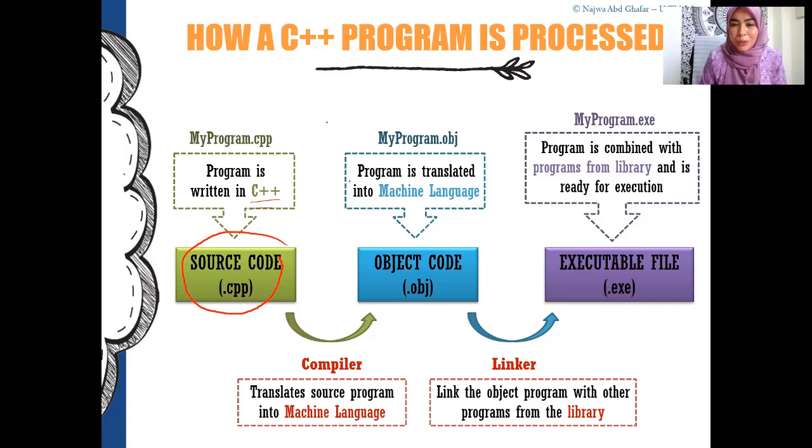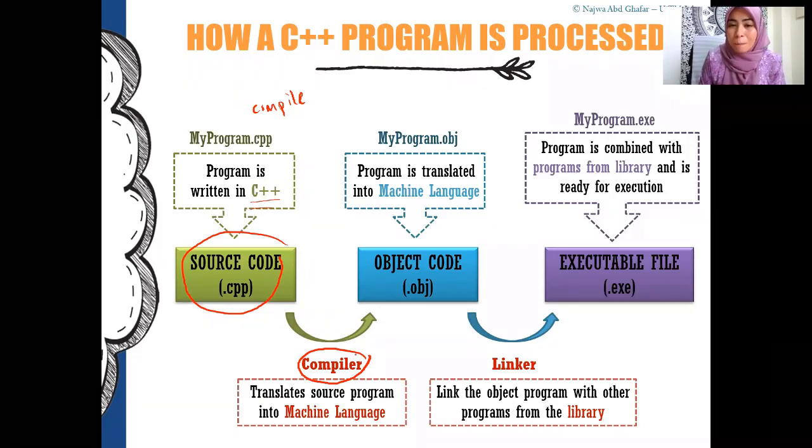So bila you dah siap tulis you punya program, kan tadi I tekan compile. Bila you tekan compile, what happens is that compiler akan bekerja. What is the purpose of compiler? The purpose of compiler is to translate source program into machine language.